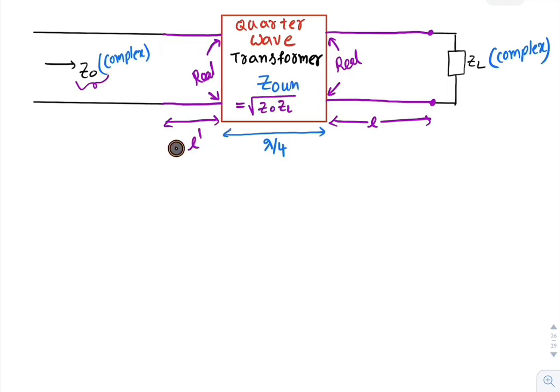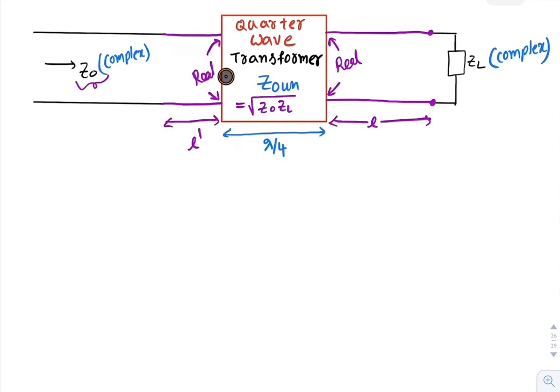But overall, it is matching a transmission line whose characteristic impedance ZO is complex with a load impedance which is also a complex value. This is how to match a load with the characteristic impedance of the transmission line by using a quarter wave transformer.